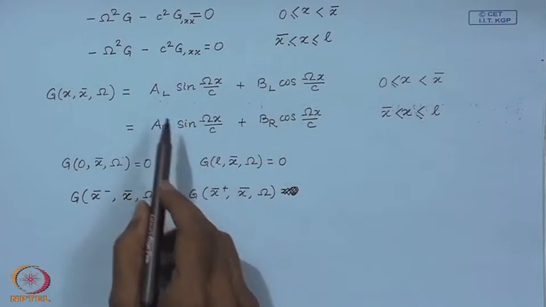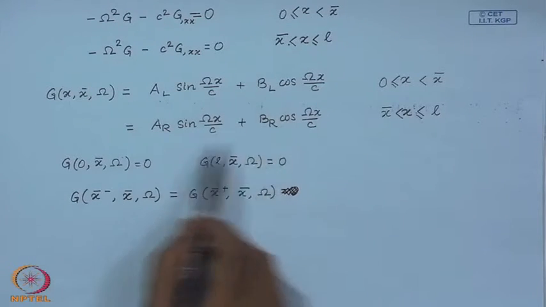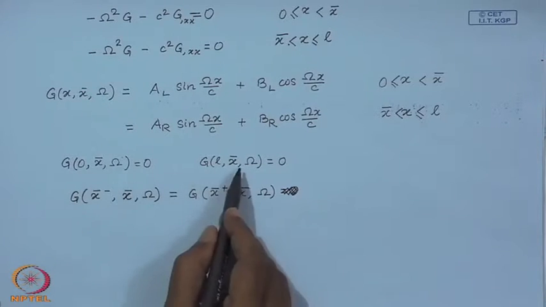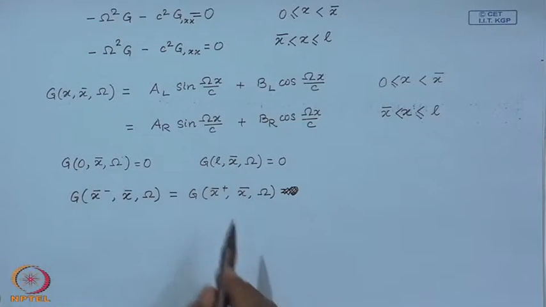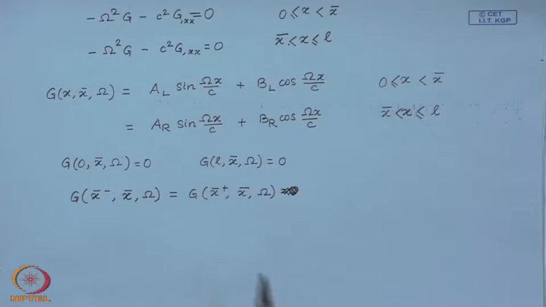So, we will need 4 conditions for solving these 4 unknowns. Now, 2 conditions are obtained directly from the boundary conditions. One further condition is obtained from the continuity of the string at x equal to x bar.